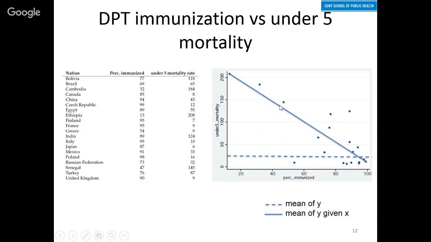So this means the mean of y given that x has already occurred. Or in this instance, it means what is our expected under 5 mortality rate given a certain percentage of infants who have been immunized. And so this line is telling us that the expected value of y changes for different x. And if you were to calculate these residuals, you would find that for the most part, they're smaller than the residuals to the dashed line.